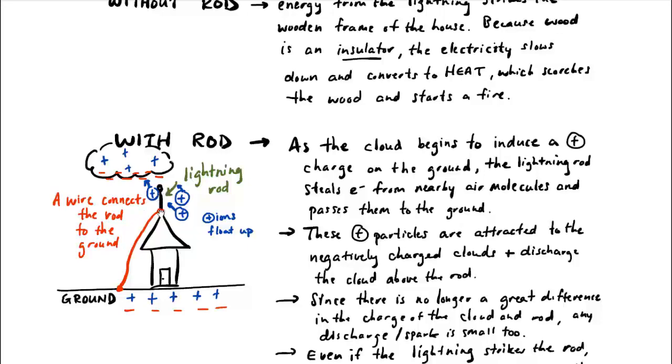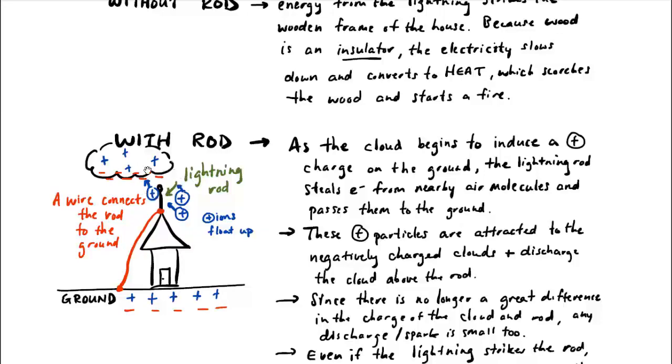What happens is, because the rod becomes positively charged by induction as these negative charges push the negatives away and into the ground, this positively charged rod can steal electrons from floating objects. And then those electrons are going to follow the path to ground as well. So then these positive objects floating around are going to be drawn up to the clouds, and they're actually going to cause a slight discharge in the area right around this rod.